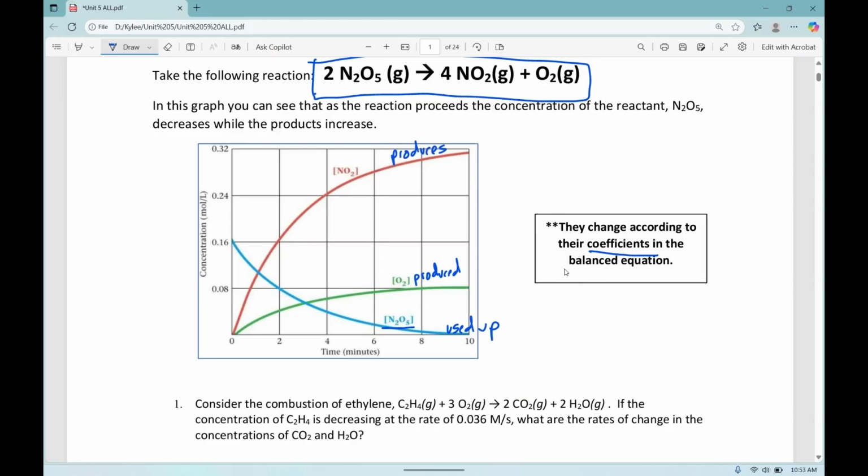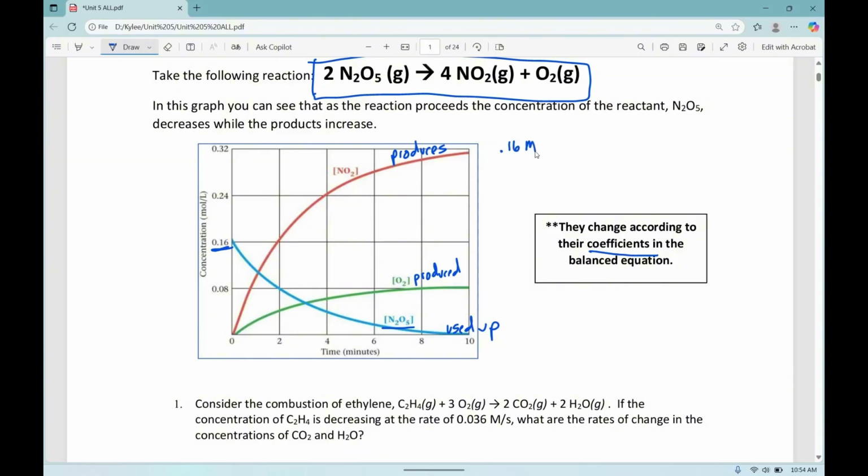Now, what I was talking about as far as the change based on their coefficients, if I look, I have 0.16 as my initial concentration for my reactant, and it goes down to 0. So if all of that gets used up, then I should be able to follow the stoichiometry to see how much of the products are produced.